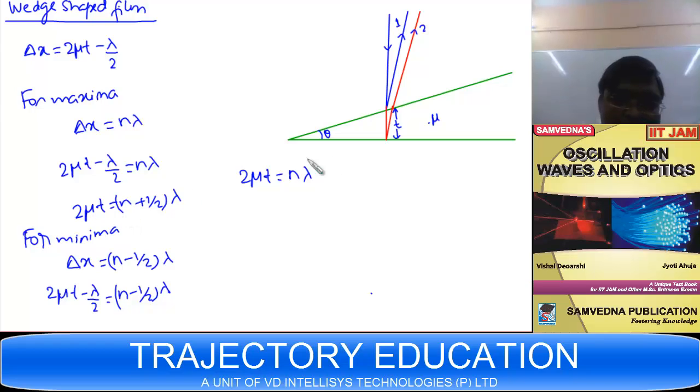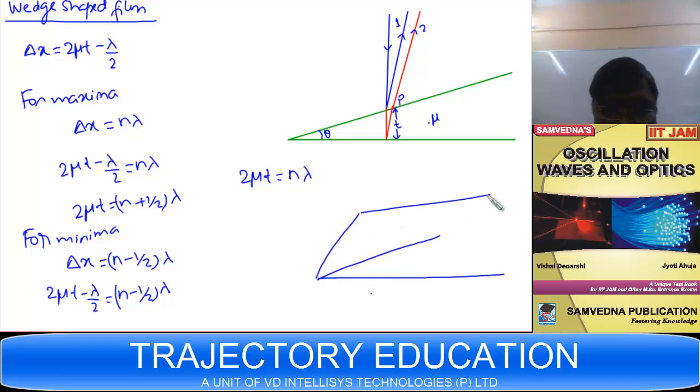Now if I ask you what is the locus of a point on the film such that the thickness of the film below it is T, what is the locus of this point P? Suppose this is point P. Locus of point P such that the thickness of the film below that point is T. That will obviously be a straight line.